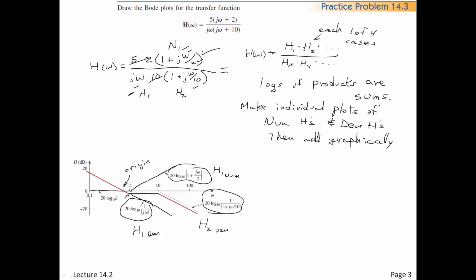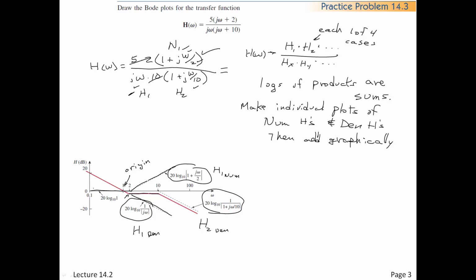At 10, 1 decade out, it now encounters another fall. So here, it's the sum of these three. From here on out, you're adding this and this and this. You were actually adding all of them before. It's just that H2 never had a non-zero value until it got out here, right? And H1 in the denominator always had this going on. It just basically was always trying to pull everything down.